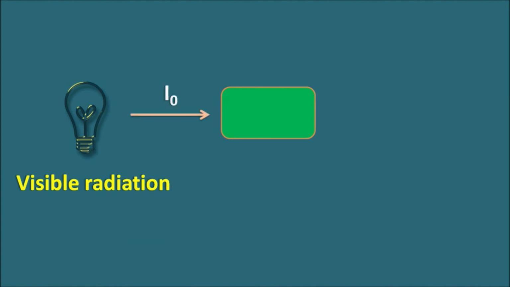Then this object will absorb some of the radiation, and the remaining radiation is coming out of this object as IT, where IT is the intensity of the transmitted light. Now this transmitted light can fall on the eye so that we can perceive the color of the object as green.